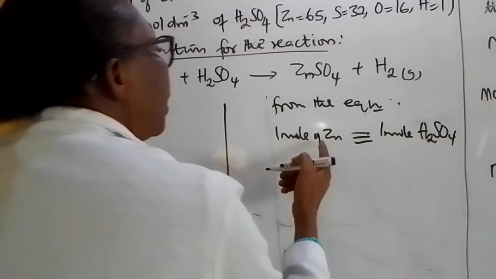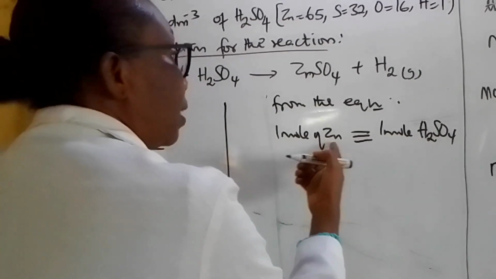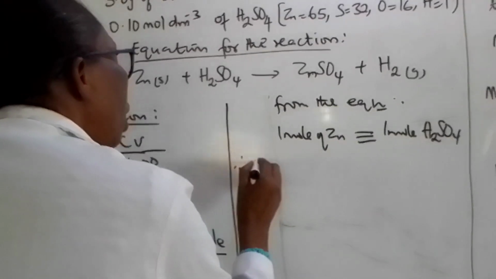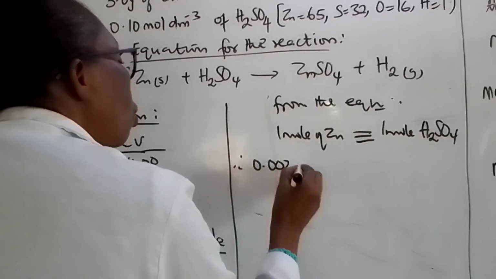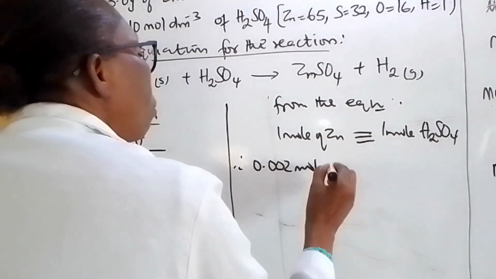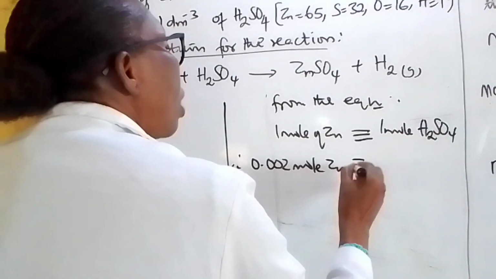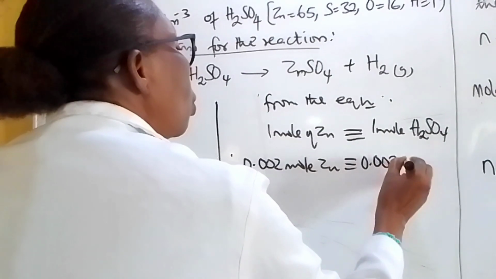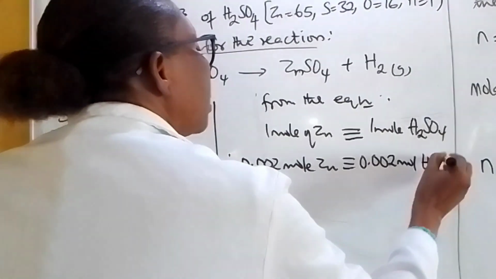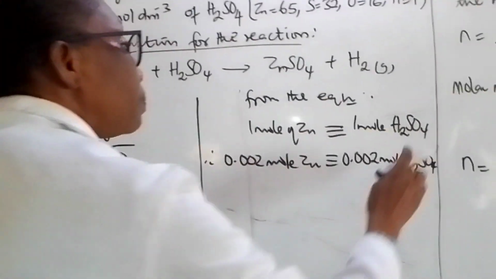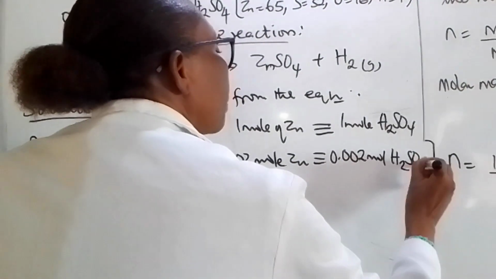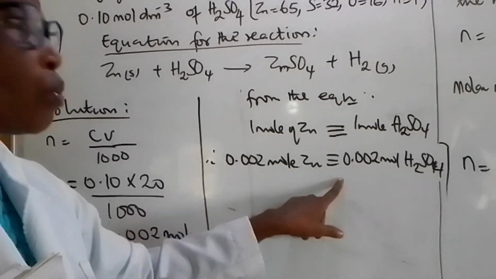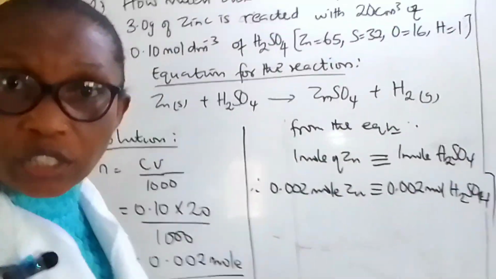The equation tells us that 1 mole of zinc reacts with 1 mole of tetraoxosulfate 6 acid. Therefore, 0.002 mole of zinc will react with 0.002 mole of tetraoxosulfate 6 acid.